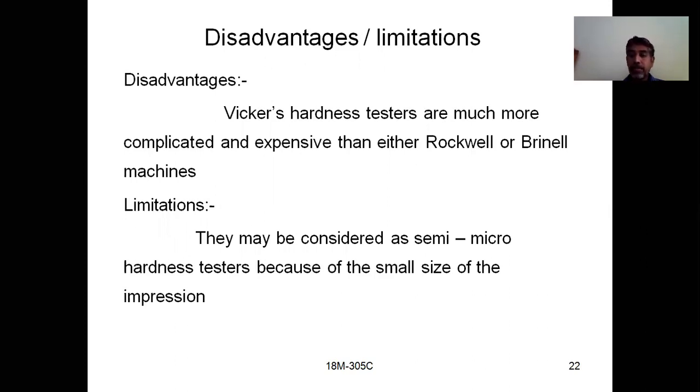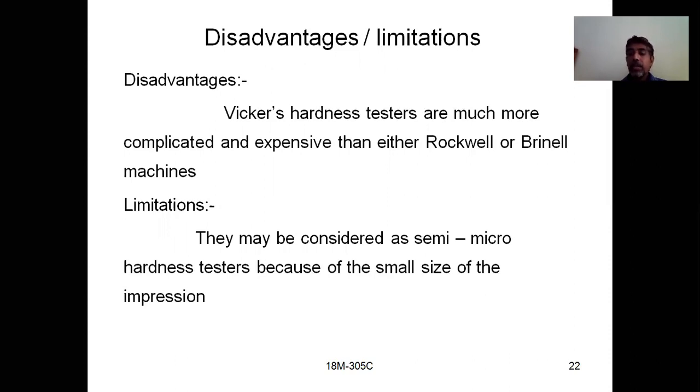And the limitations. Can we use it for all materials, or is any limitation there, such as size limitation? It may be considered a semi-micro hardness tester. Because we are using a diamond indenter, you are getting small impressions, so we may treat it as a semi-micro hardness tester. Micro means without a microscope we are unable to see those things; those are called micro observations.